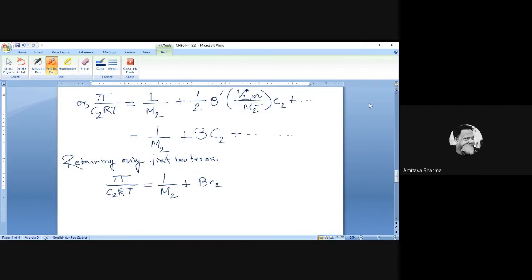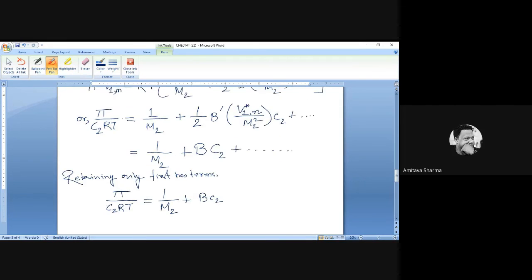That is, in this equation, pi by C2RT equals 1 by M2 plus 1 by 2 B prime V1, that is the molar volume of the solvent, into C2 by M2 square, plus dot dot dot, there are higher order terms too, that is 1 by 3 C prime, 1 by 4 D prime and all that.